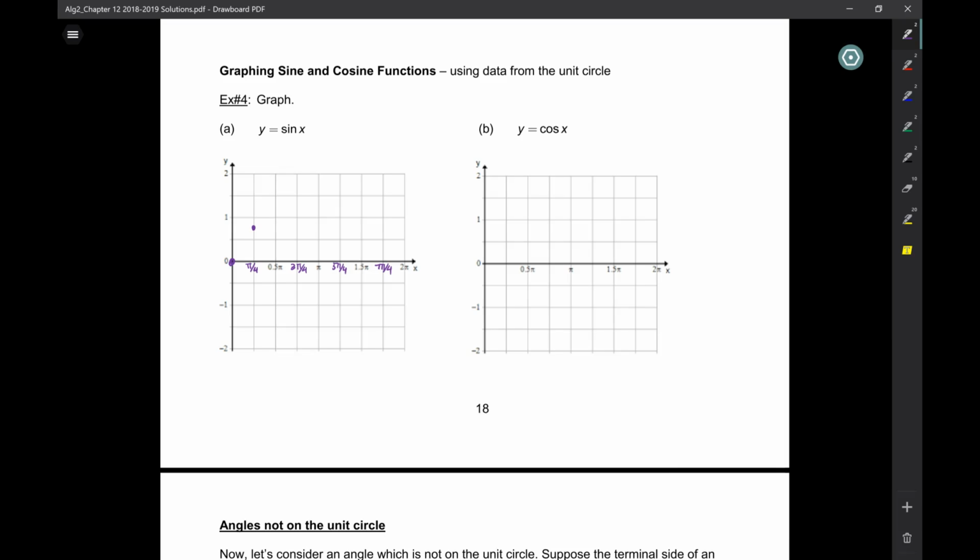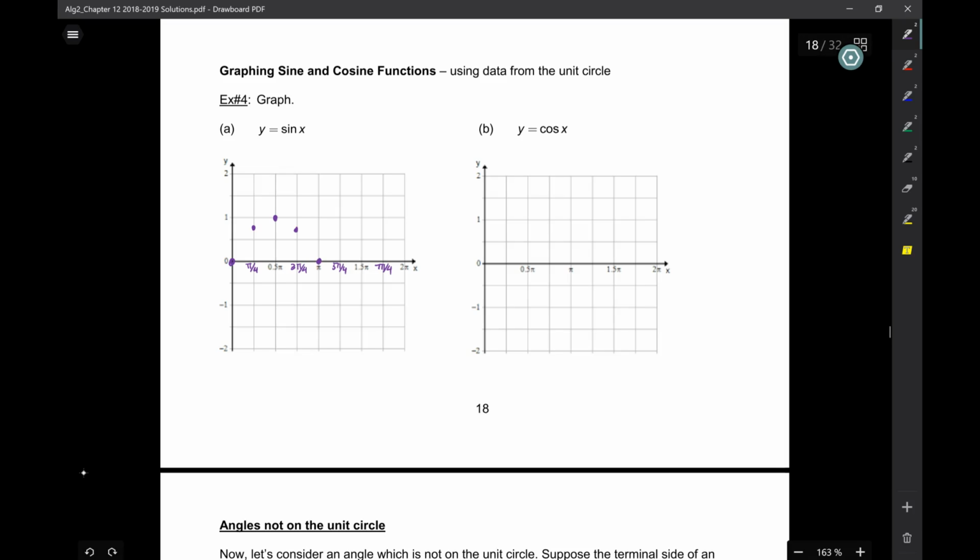At pi over 2, how much is the sine? How much? 1. At 3 pi over 4, the sine is 0.7. At pi, how much is the sine? 0.